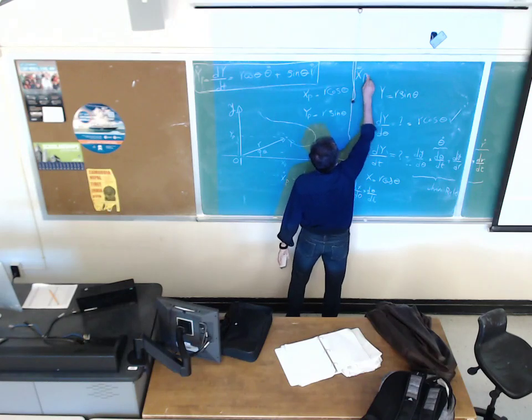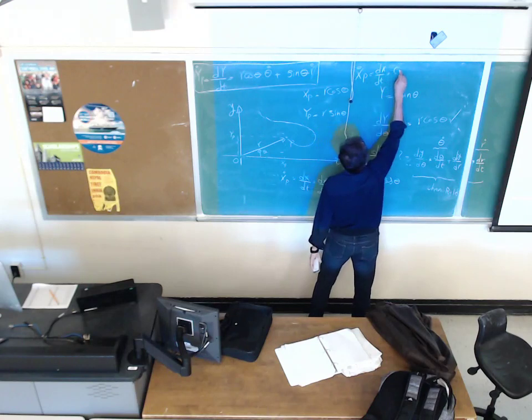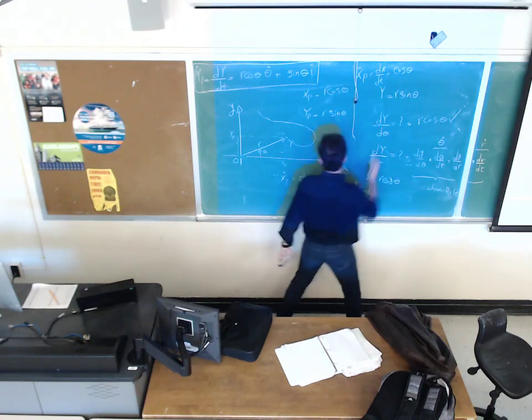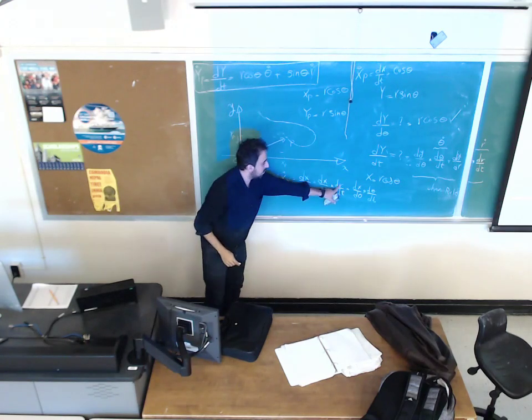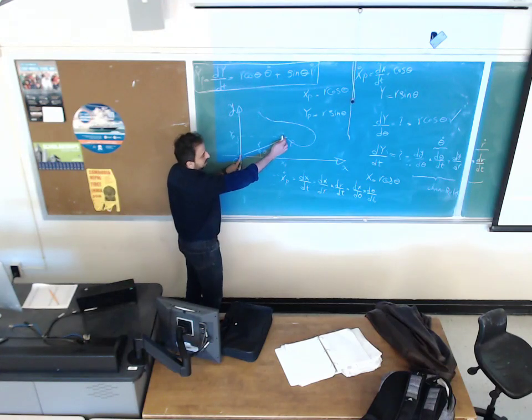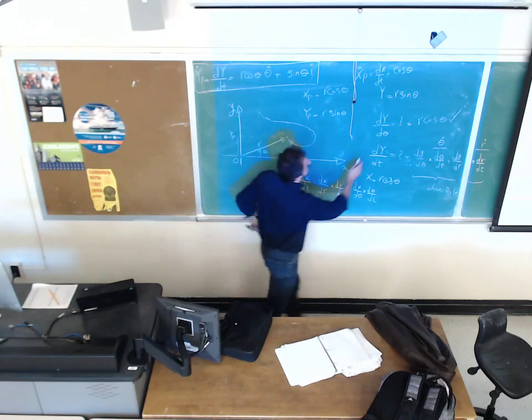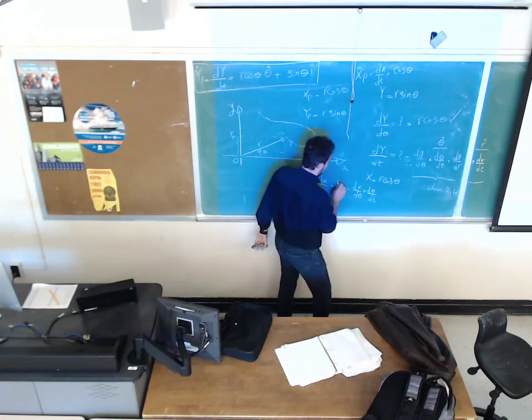So x dot of P, dx over dt, would be cosine of theta times dr over dt. How fast the length of this vector is changing with time, I label as r dot.